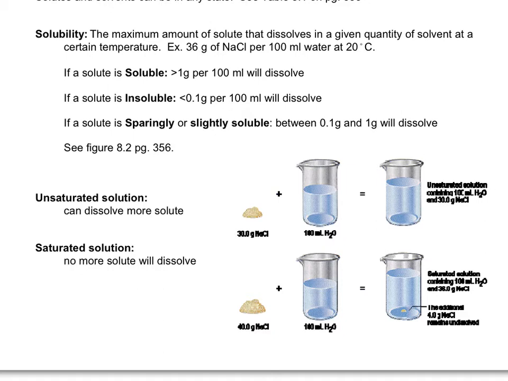Therefore, if you exceed the solubility of a solute, then you are creating what's known as a saturated solution. Not all of the solute that you added will dissolve in the water. It means that there's no more spaces left in the solvent, and some extra solid can be seen at the bottom of the beaker. Make sure you study and memorize all of these definitions.